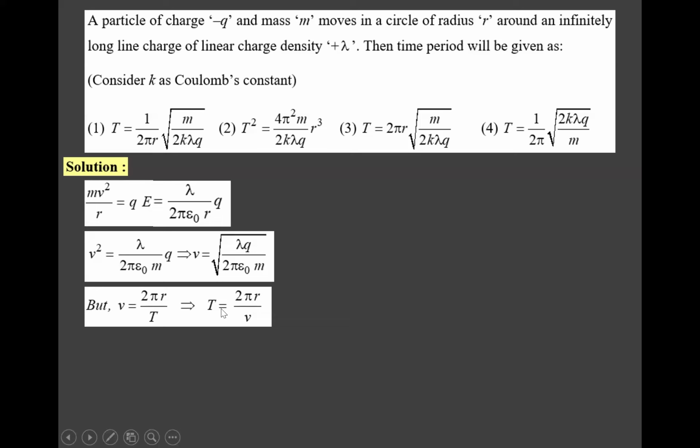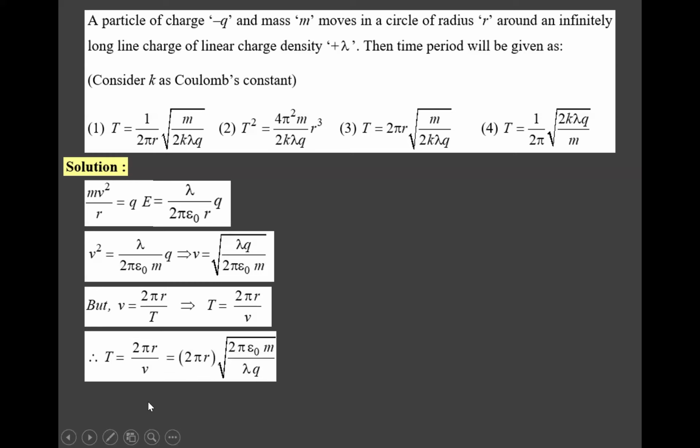Now in this equation, if we substitute this particular value of v, then T equals 2 pi r into 1 upon v. So 1 upon v is the reciprocal of this one, so 2 pi epsilon 0 m upon lambda q.